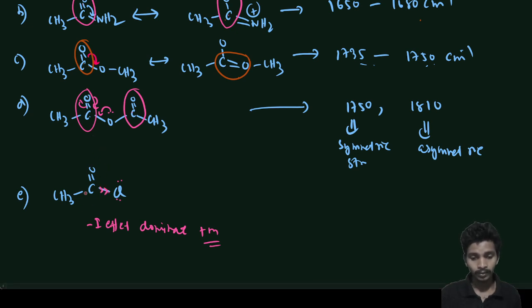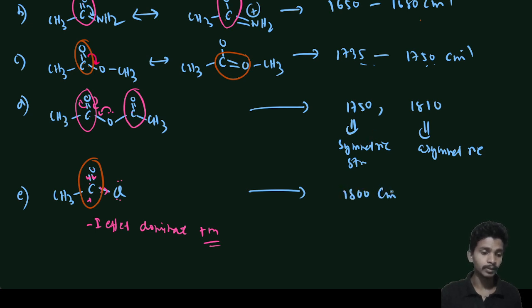If it is taking electrons, then it will get a positive charge, so it will withdraw electrons from oxygen. So overall the C=O bond strength is increasing, so that stretching frequency value will increase. If the C=O bond strength increases, then we know that bond strength is directly proportional to stretching frequency, so its value will increase. That value is found at nearly about 1800 centimeter inverse.